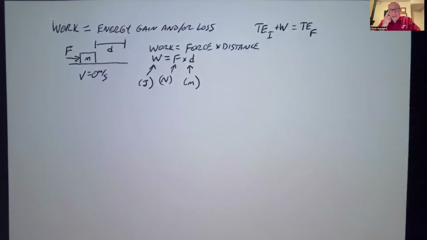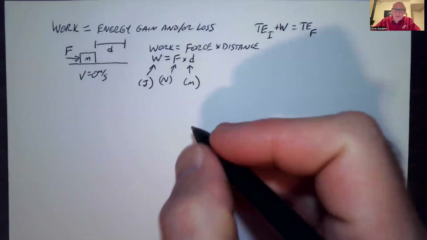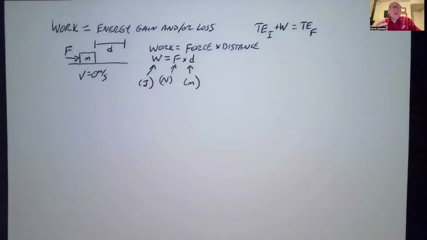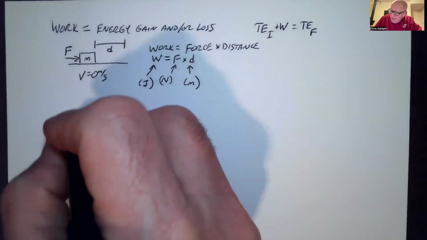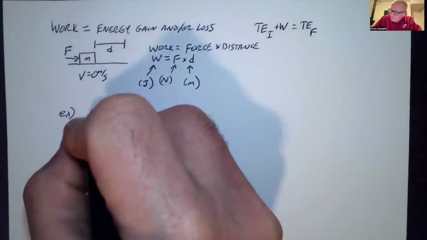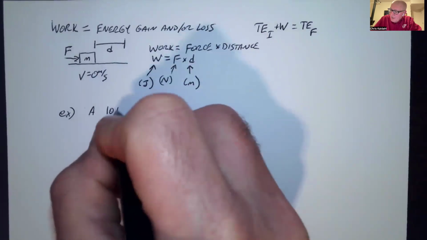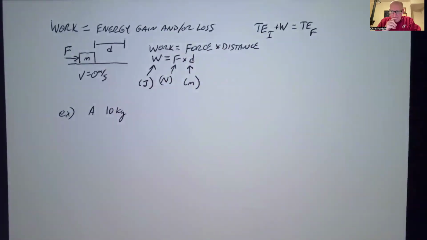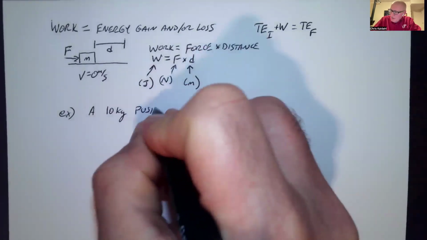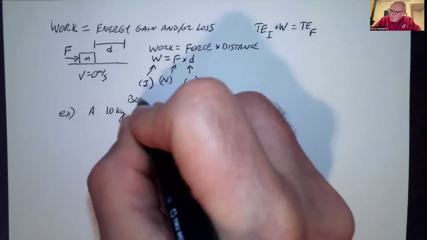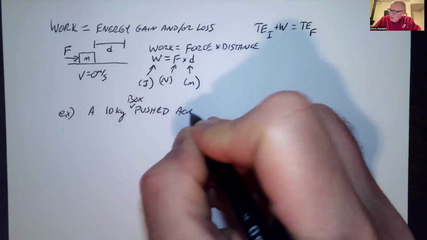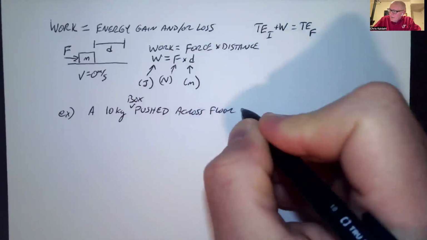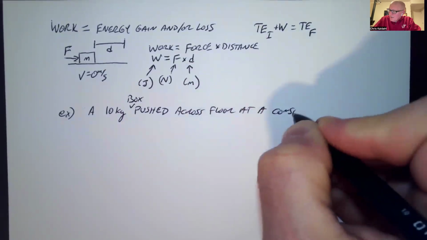Now, you can do work in lots of different ways. So what I wanted to do was go through just a couple quick examples here, hopefully, that will allow you to do the problems that you're supposed to be working on today. So let's imagine that I have a 10 kilogram box, and that 10 kilogram box is pushed across the floor at a constant velocity.